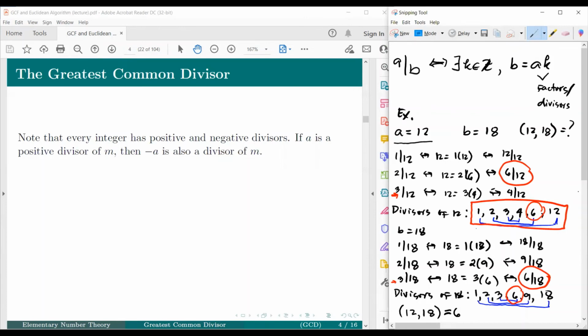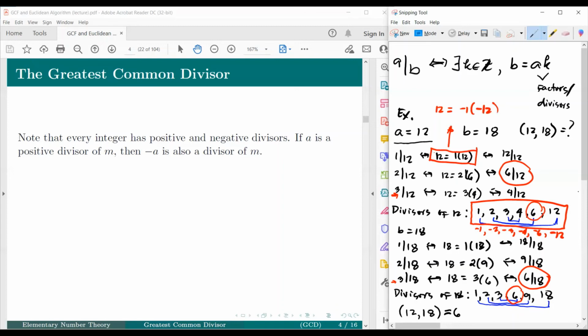Also, negative 1, negative 2, negative 3, negative 4, negative 6, and negative 12 are divisors of 12. Why? Because we can also write 12 as negative 1 times negative 12. So negative 1 and negative 12 are also divisors of 12.